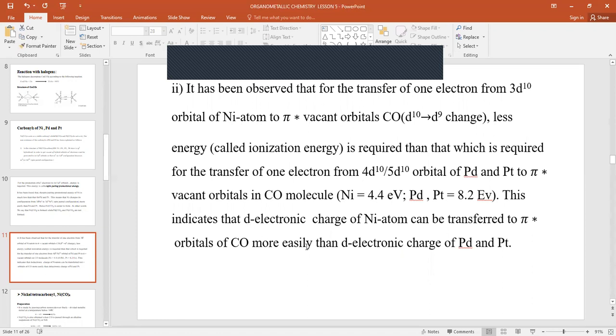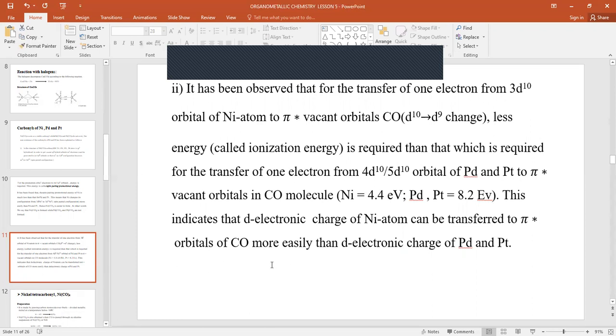This indicates that the d-electronic charge of the nickel atom can be transferred to the pi antibonding orbital of carbon monoxide more easily than the d-electronic charge of platinum and palladium.